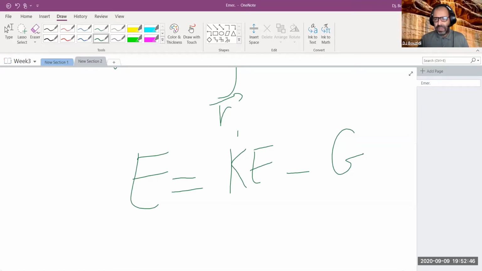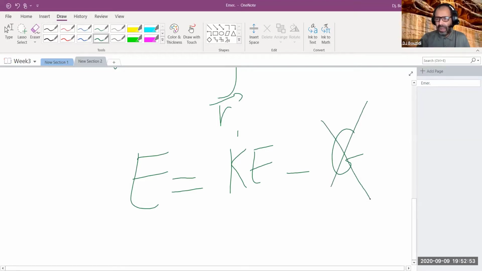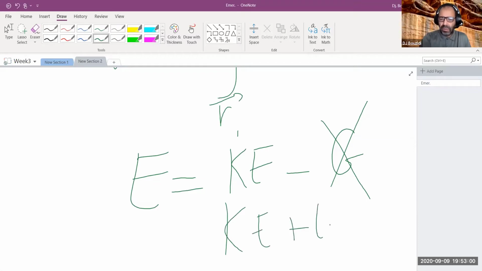So when physicists reached this point, instead of using G in here, they used U, with U being defined as negative of G. A minus times minus becomes a plus, and the total energy is properly defined as kinetic energy plus potential energy. So the potential energy is actually the negative of the antiderivative of the force function, basically. But that is if the antiderivative exists. If the antiderivative doesn't exist, then it cannot define the total mechanical energy in this case.